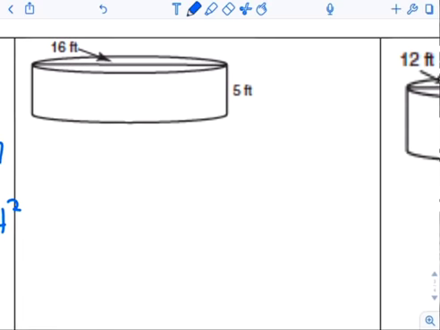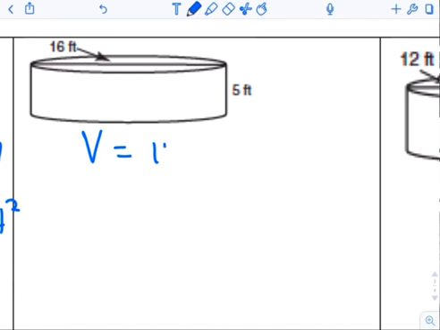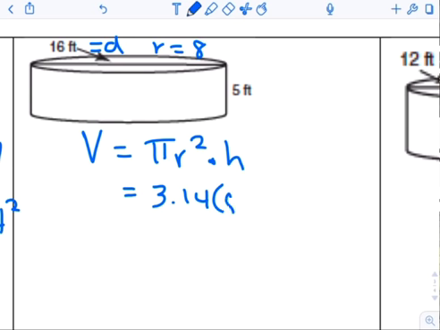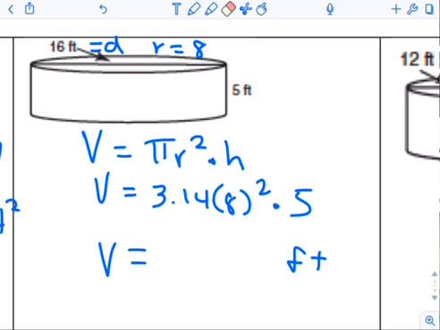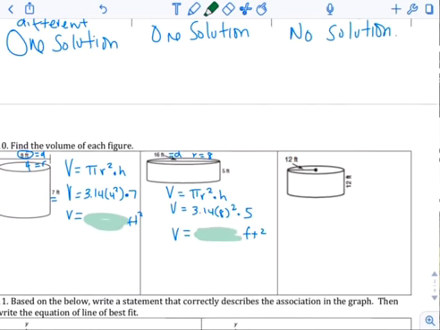Same thing here. V equals pi r squared times height. 3.14 times, this is diameter, radius is 8, times 8 squared times height, which is 5. The volume is whatever it is in feet. Okay, feet squared, I mean. So you put the answer, you have a calculator, put it in there.